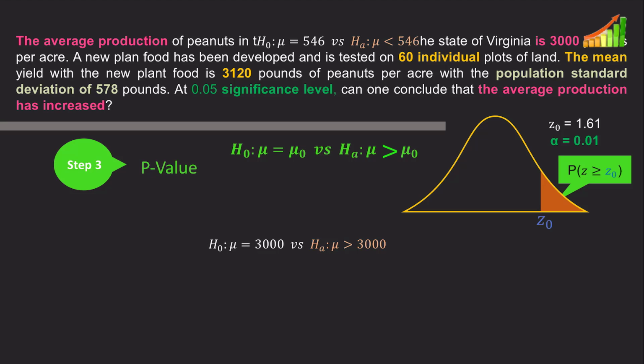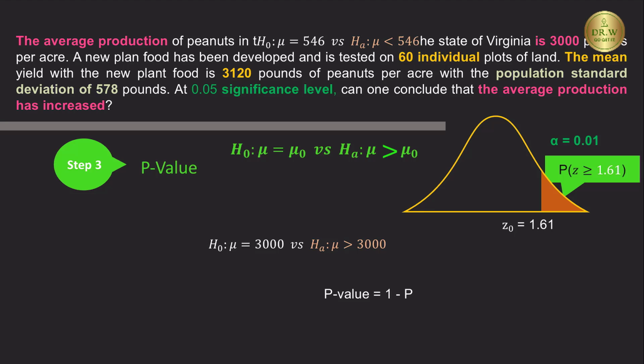So in the notation, we can write probability Z greater than or equal Z naught. In our case, the Z naught is 1.61. Therefore, we can find the probability Z greater than or equal 1.61. But because of the Z table we write the probability Z greater than or equal 1.61 as 1 minus probability Z less than or equal 1.61.